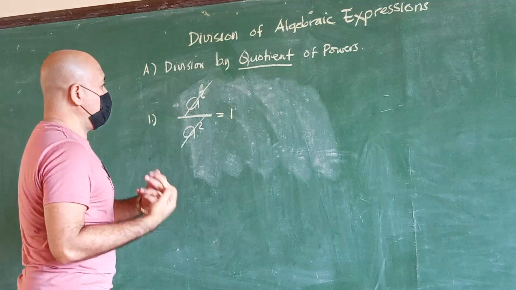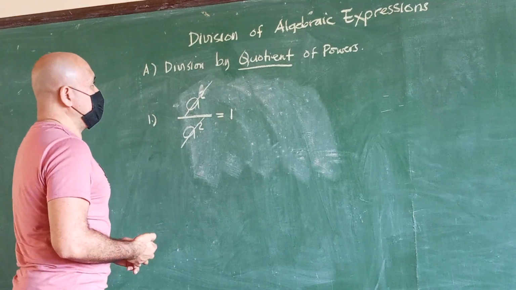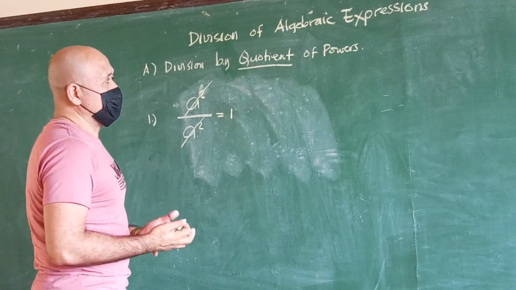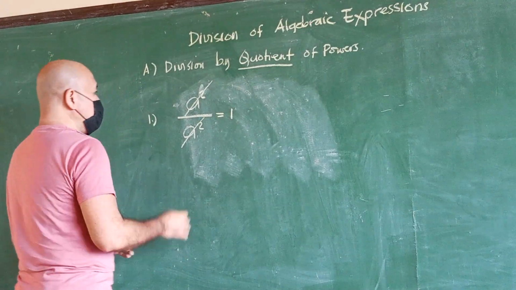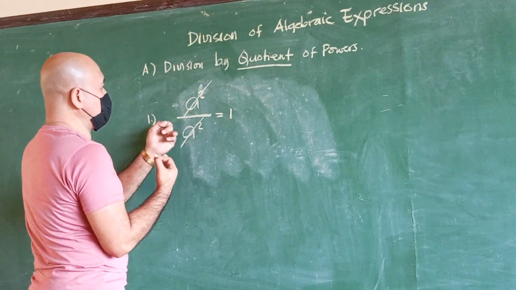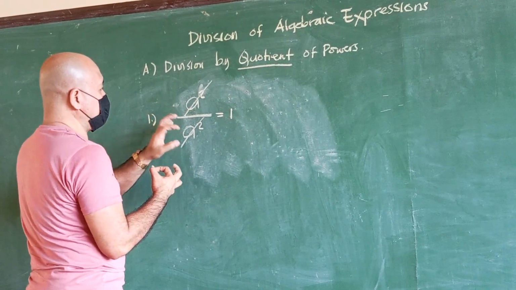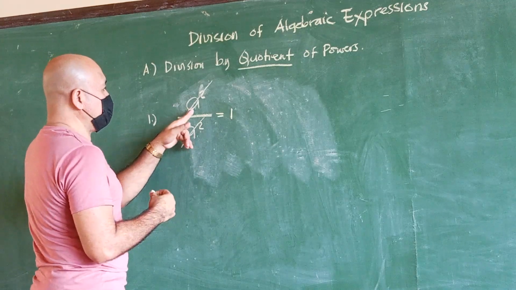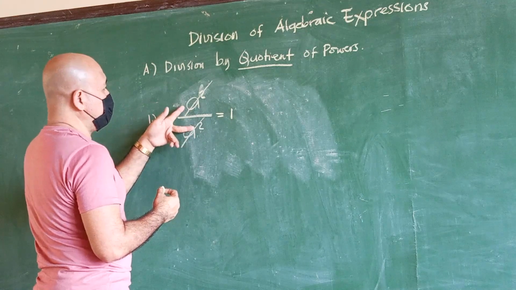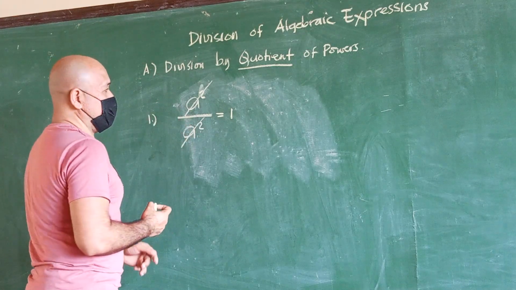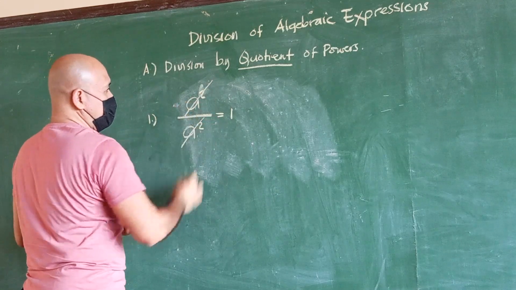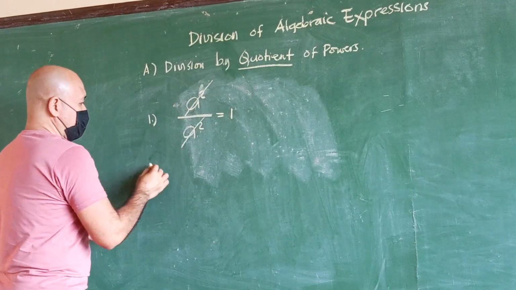That is why, a while ago I said we are going to divide these algebraic expressions using quotient of powers and the cancellation method. So this is the case now. We're using the idea of quotient of powers and at the same time the cancellation. So again, if you have division expressions where the bases and the exponents are the same, just cancel both numerator and denominator and give 1 as the answer.